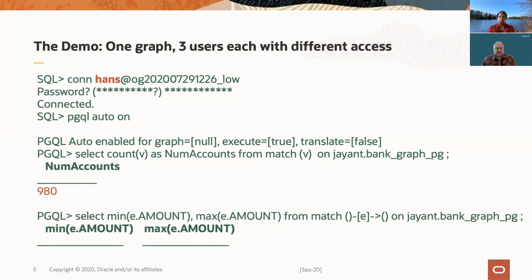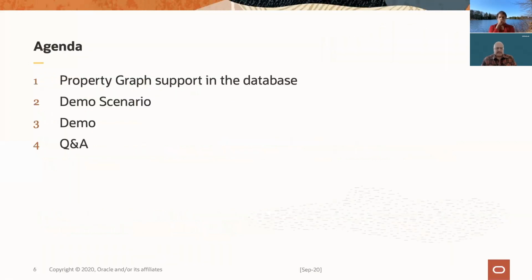So what is all this based on? That's what I'll very quickly go over. I'll go over what property graph support in the database is, and also briefly introduce label security. That will be a very 30,000 foot overview, but enough to give you an idea of what is being used in this demo.